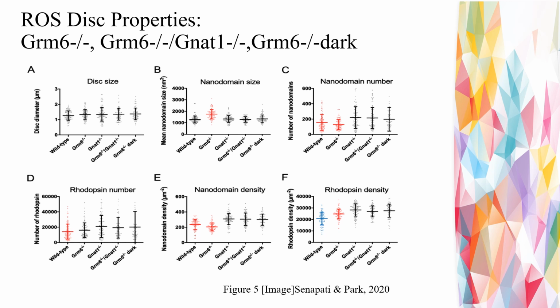Although the GRM6 mice exhibit a large mean nanodomain size in individual ROS discs, the distribution of nanodomain size is skewed, and the difference in mean nanodomain size may only reflect subtle differences in the sizes of rhodopsin nanodomains that have been formed.